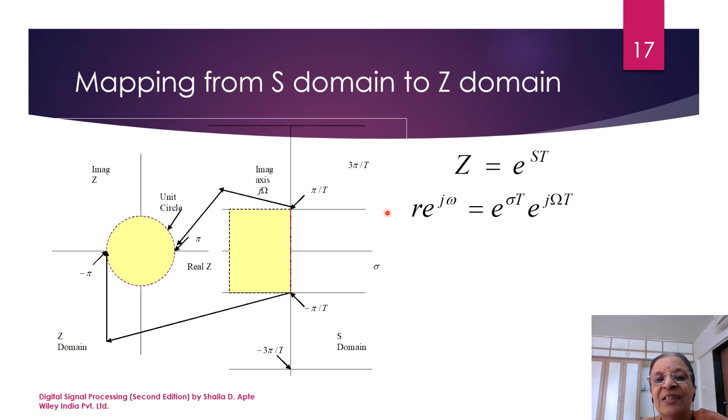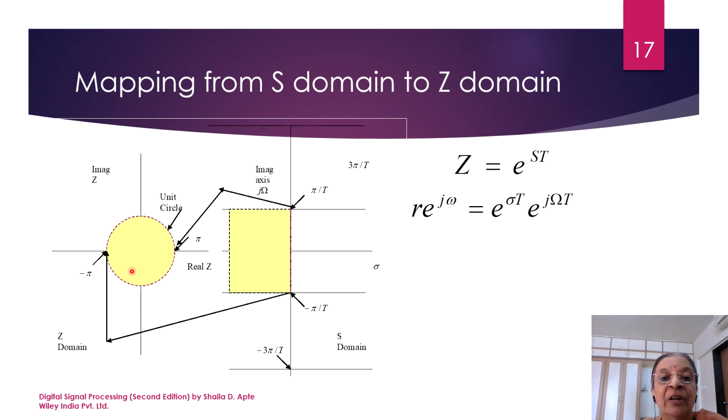So this entire strip between minus pi by t to plus pi by t maps onto the entire z domain. And what about the strip between pi by t to 3 pi by t, 3 pi by t to 5 pi by t, similarly minus pi by t to minus 3 pi by t? All these strips will map onto the z domain again and again.